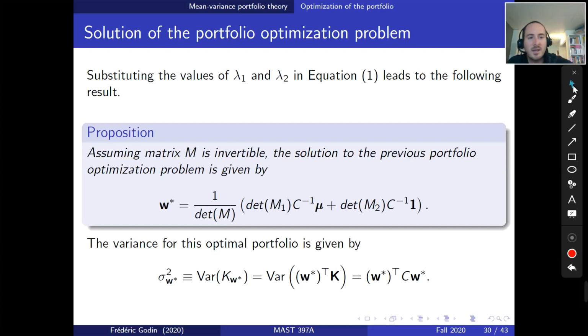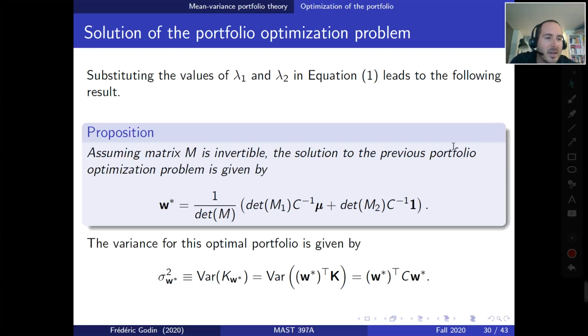Otherwise, the invertibility assumptions we've made, for example about the matrix C, wouldn't work, because the risk-free asset has no variance. So we've only considered portfolios consisting only of risky assets.